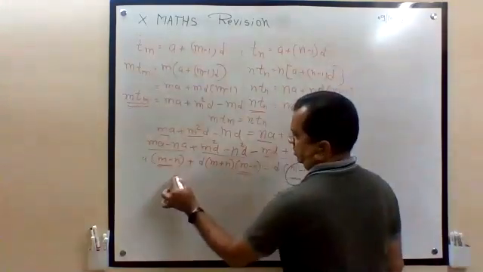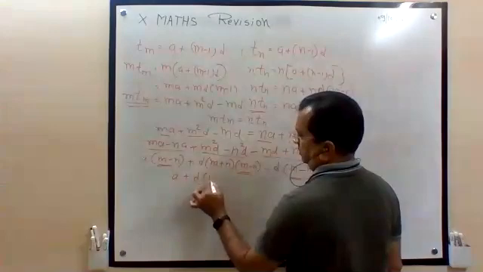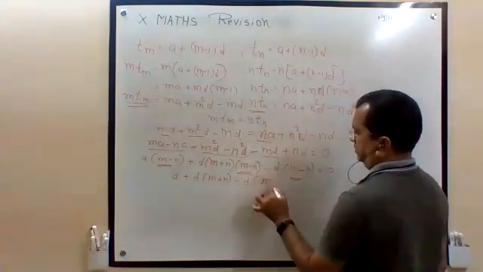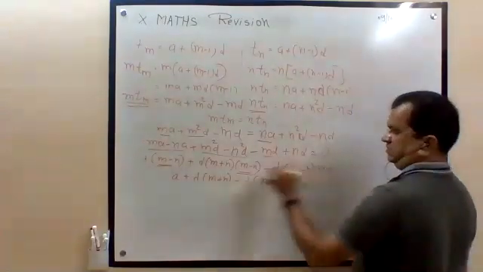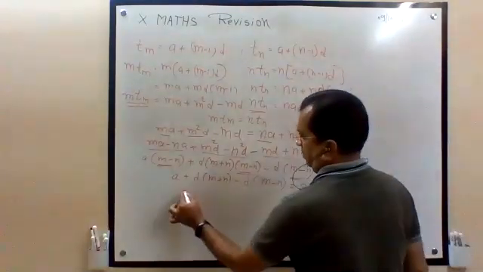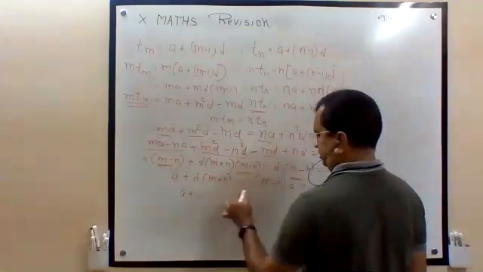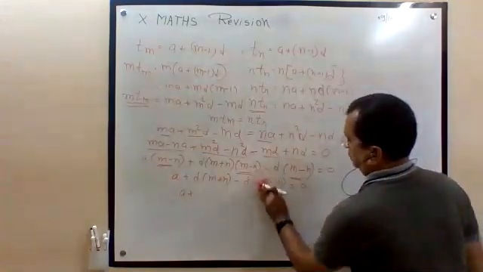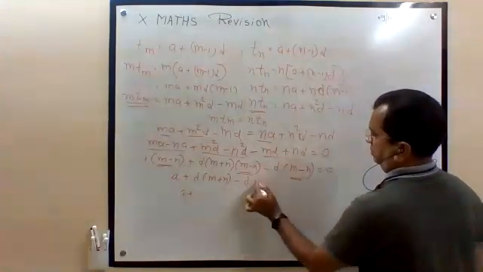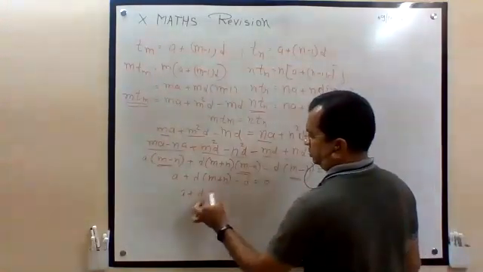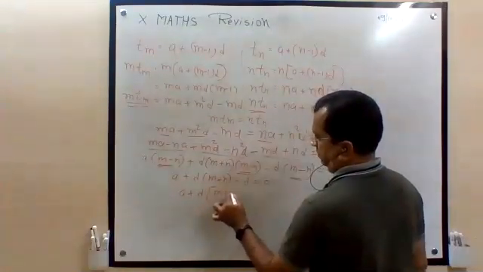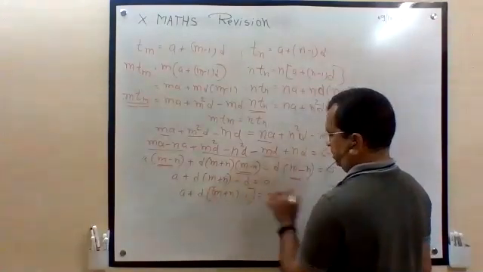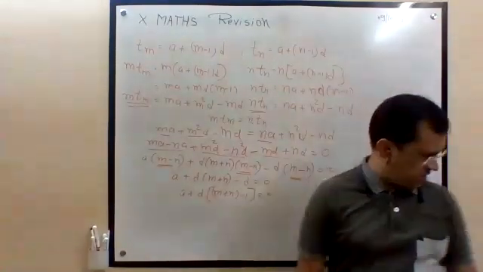So it will cut: a plus d(m plus n) minus d, (m minus n), is equal to 0. Now a plus, from this (m minus n) is gone, so this much only remains, is equal to 0. From this d is common: m plus n minus 1.